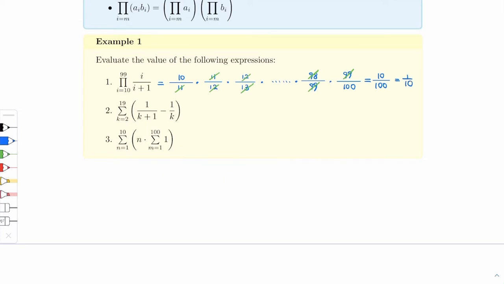The second one, again, let's just compute the first few terms and see if there is a pattern.